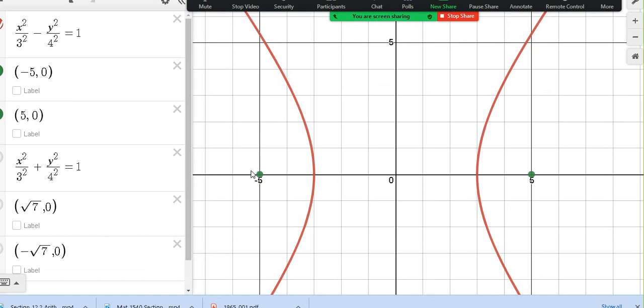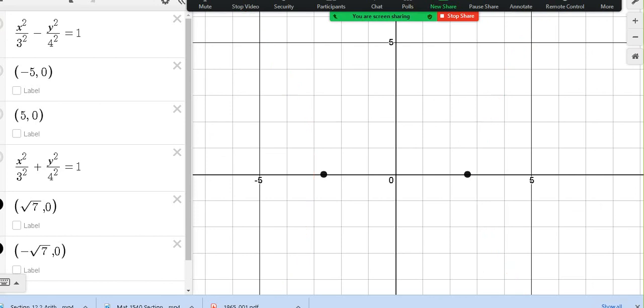And if you did that, you get the square root of 25 is 5, and great. But if you mixed it up and you did 4 squared minus 3 squared, accidentally using the formula for an ellipse, then you're going to get foci here and here. Square root of 7, and wait a minute. The hyperbola should wrap around that. So if you see something like that, there's a mistake.